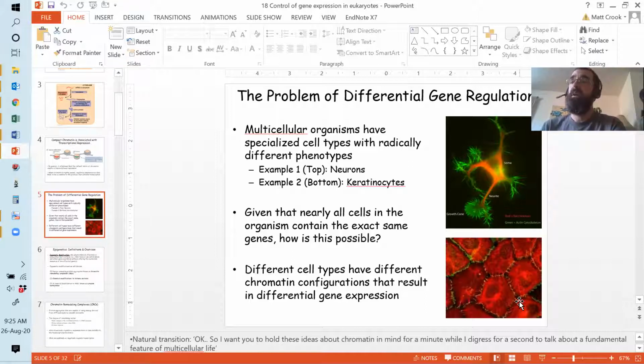But others will be very specific to those cells. For example, these cells will probably be producing neurotransmitters to propagate the signal onto the next cell or neuron. These cells probably produce a lot of collagen, which is a structural, actually, I'm not even entirely sure what collagen is. Glycoprotein, I think.